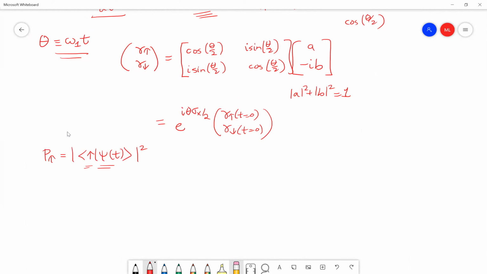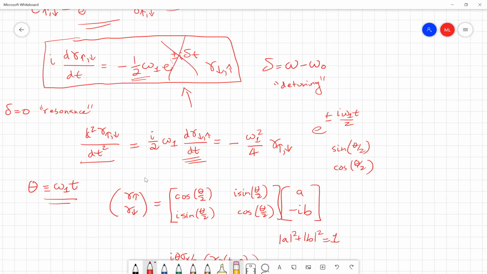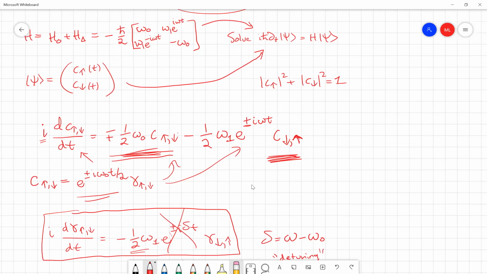And what is that? Well, we know what the solution is. So these gammas are related to the C's by just a complex phase factor. So this phase factor doesn't do anything in terms of the probabilities. So remember, C up is the component along the up direction.